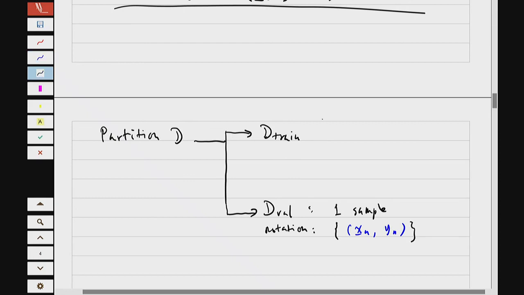That means whatever is left for training, n-1 samples, the notation we use is Dn. Of course, it's just the remaining ones, from x1, y1 and so on.